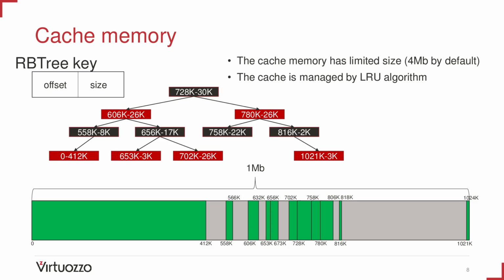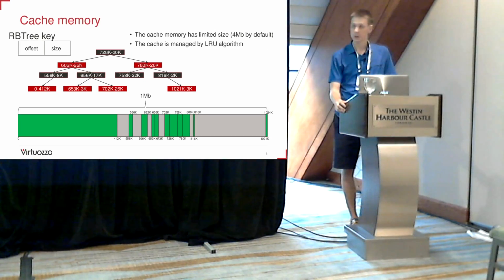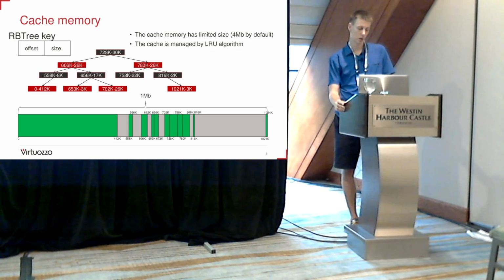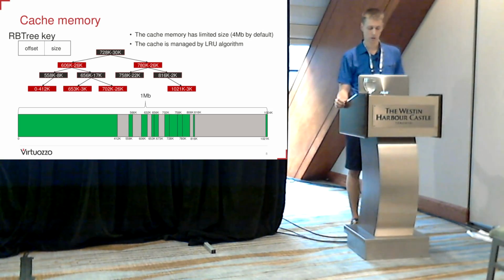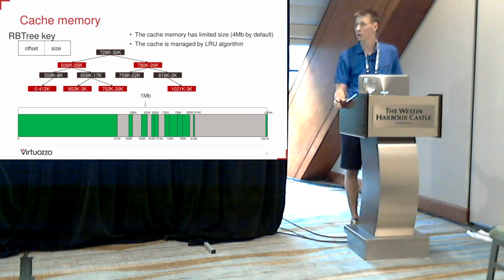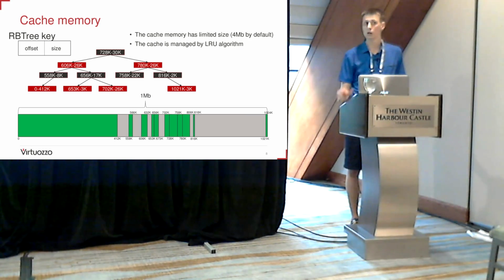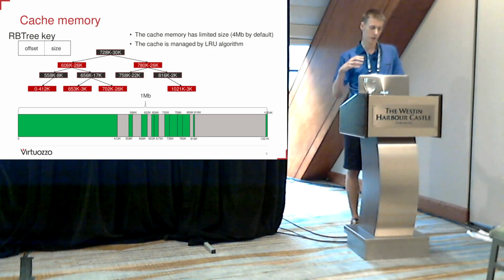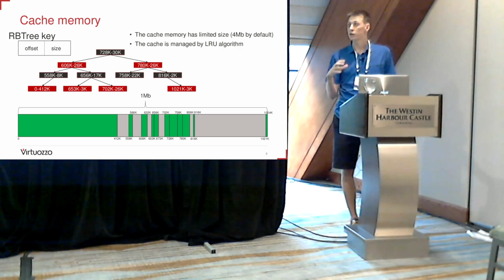What does the cache memory look like? The cache memory is very similar to the pool statistic for storing request statistics. The cache memory is also based on red-black trees, but here a node holds a chunk of memory which contains data from the disk, and K describes the location of the data.